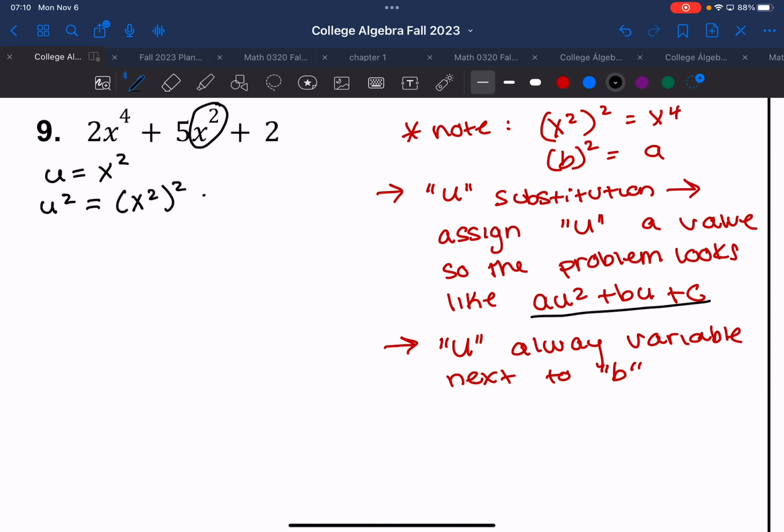That's what we explained up here. So that means in our problem, instead of writing x to the fourth, I'm going to write 2u squared. And instead of writing x squared, I'm going to write u. And then now I have my problem in a quadratic equation that can be factored.